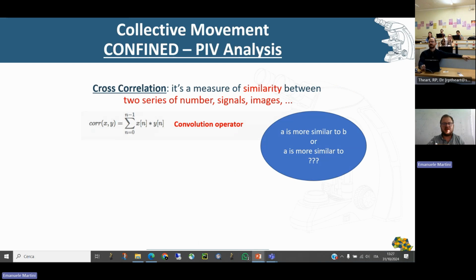this part is a little bit mathematical, but I hope it can help to understand better and to maybe correlate with stuff that you have done when you do image analysis.